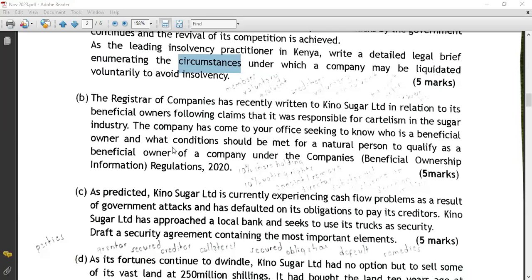So it sort of lifts the veil of ownership for purposes of disclosure. A beneficial owner is the ultimate person, the natural person, who owns or controls a legal person, which is a company. It's usually an individual, to the extent possible.